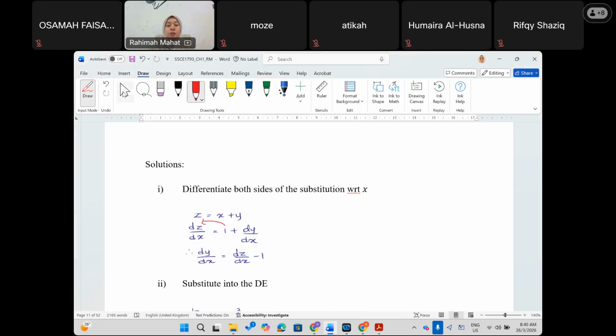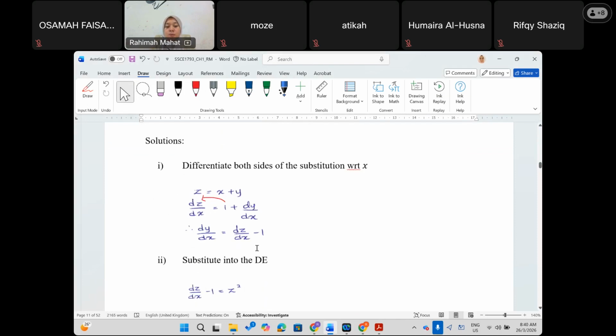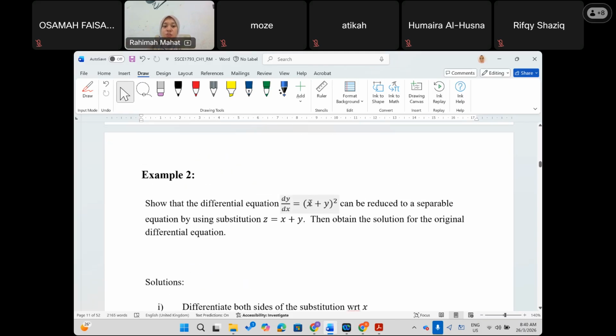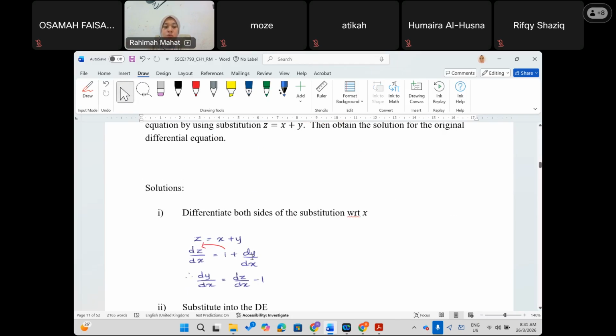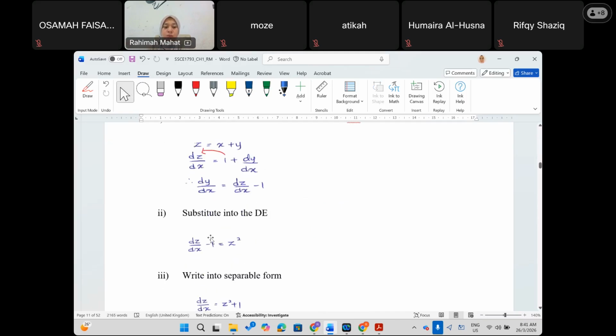Okay, and then after you get this, you substitute into the equation, where dy/dx is equal to dz/dx minus 1.